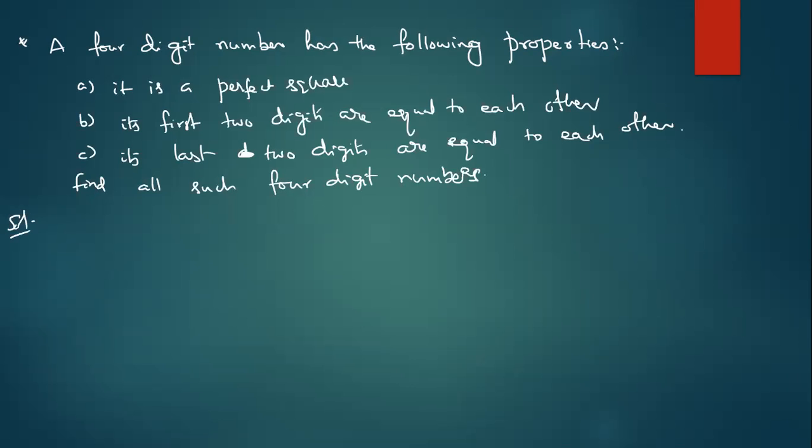A 4-digit number has the following properties. It is a perfect square. What is the second case? Its first two digits are equal, and last two digits are equal. So how many distinct digits are there in these 4-digit numbers?